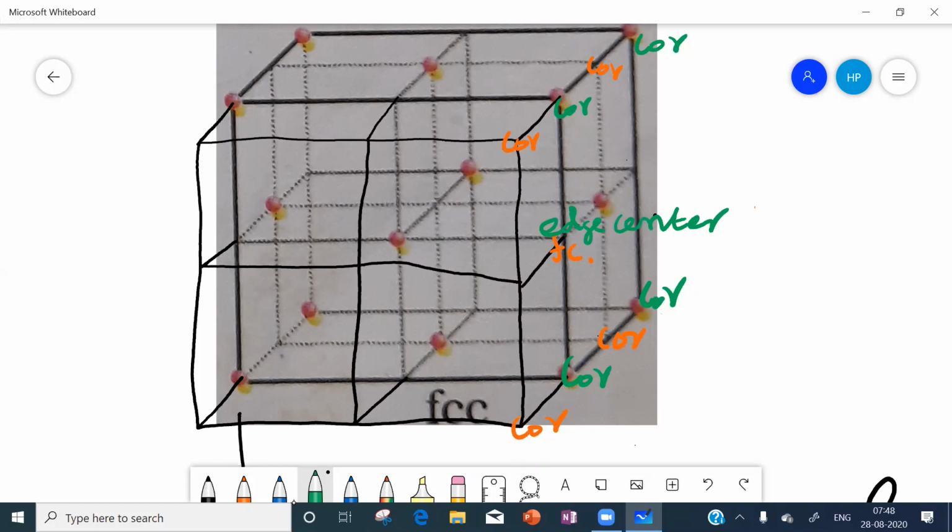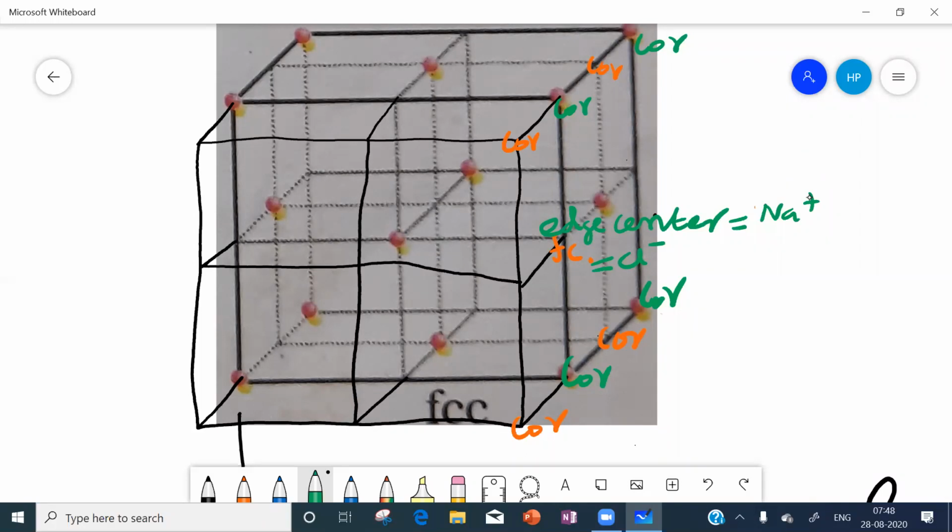So in the first possibility, we said the edge center is Na+ and the face center is Cl-. Now you say, will you call this point a face center or an edge center? In both ways we can say, or not? Can we consider it as an edge center, or as a face center, or both?